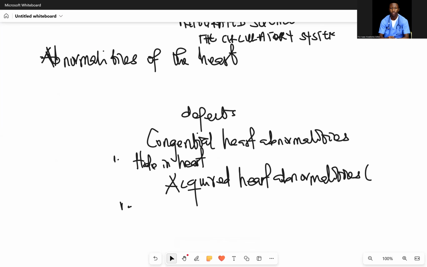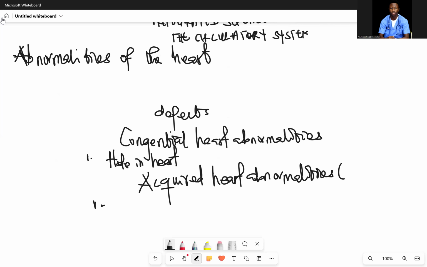Congenital is from birth, at birth. So acquired ones develop later in life, sometimes through infections, or you get a disease and the disease spreads to affect your heart, or sometimes through lifestyle.